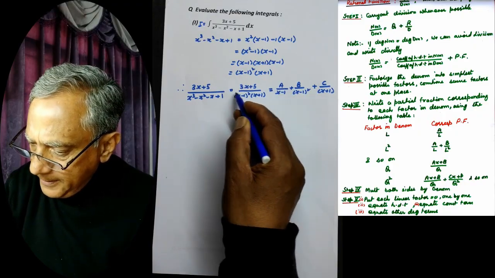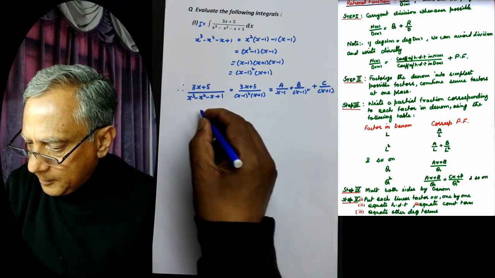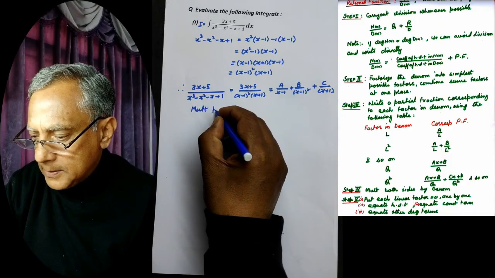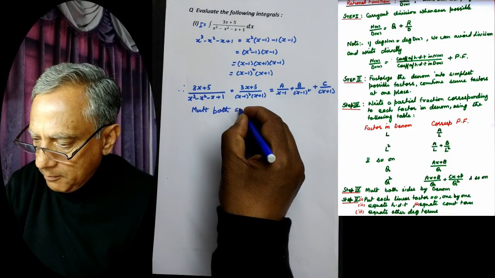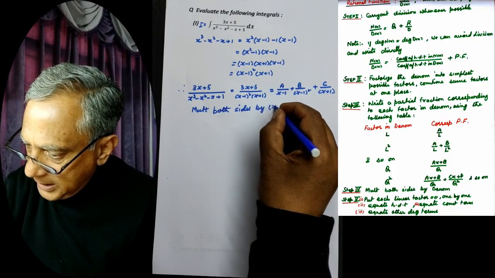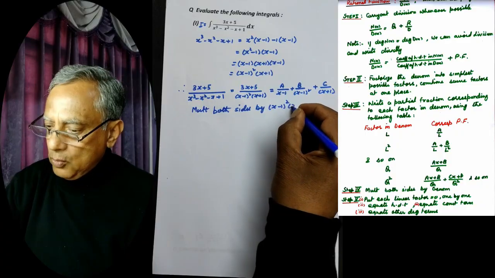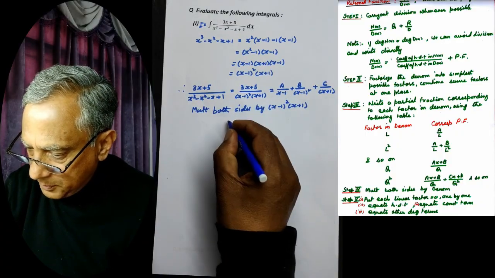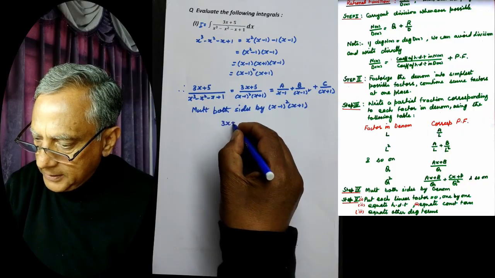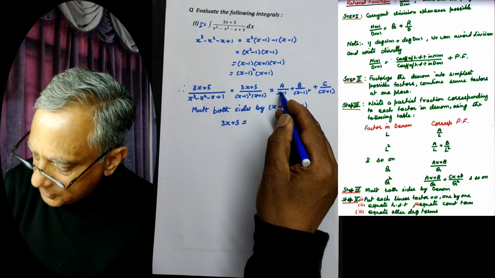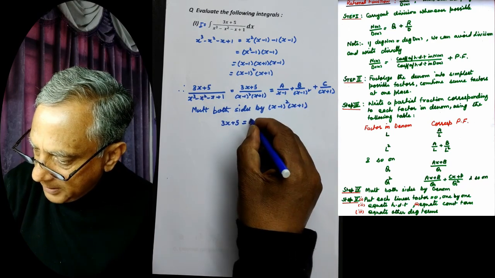So we will multiply both sides by the denominator, that is x minus 1 whole square into x plus 1. So this will cancel and we will get 3x plus 5. This is equal to, now multiply this term with this. So this will be a into x minus 1.